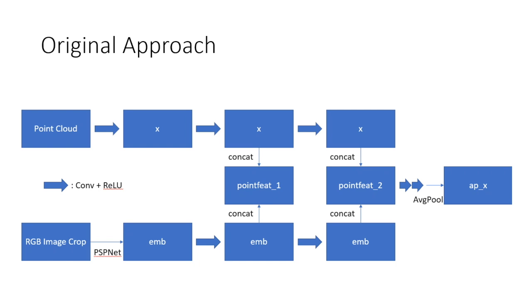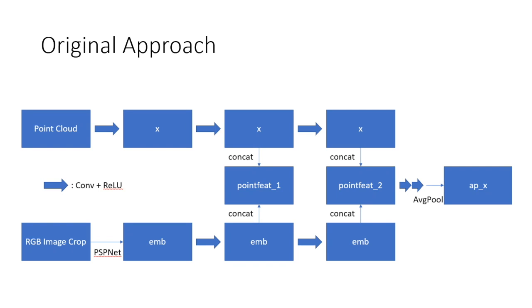The original architecture of the DenseFusion network can be illustrated by this picture. This PointFeat 1 is the first set of fused features that focuses on the image information on the pixel level. However, besides the pixel level information, global information is also needed when estimating poses. PointFeat 2 and APX are therefore generated to encode the global information.